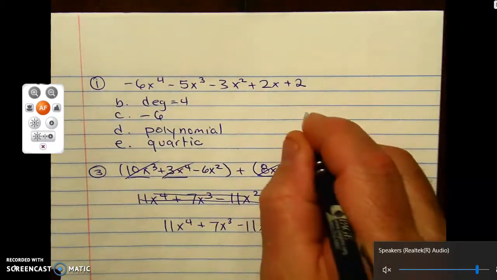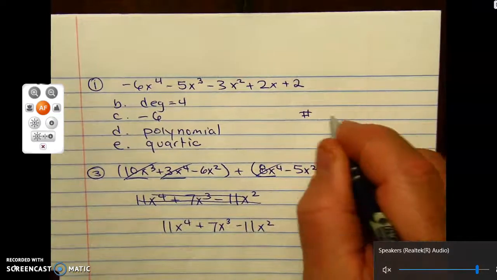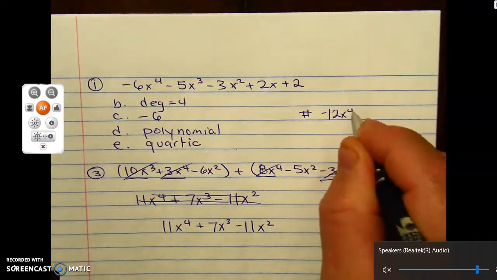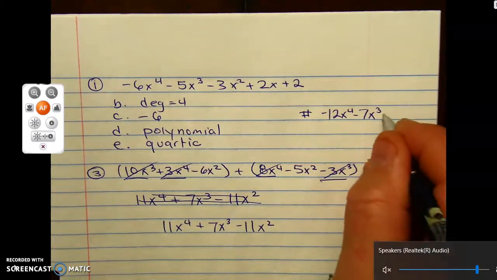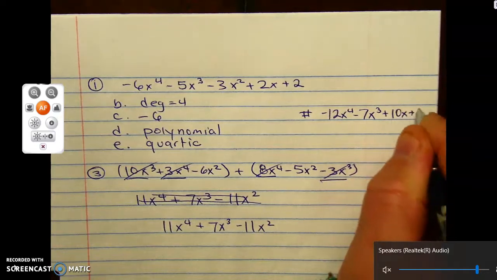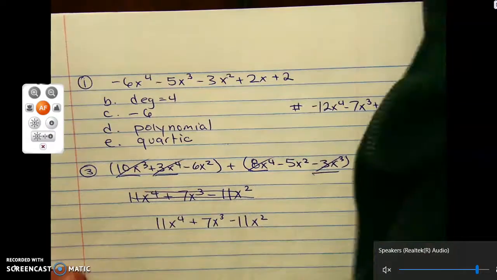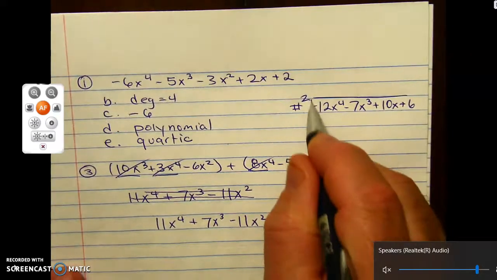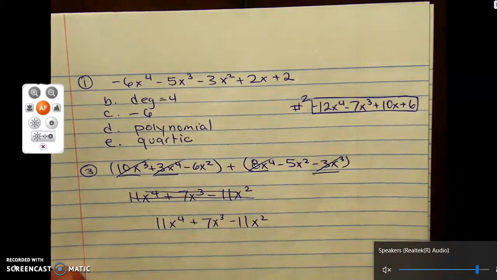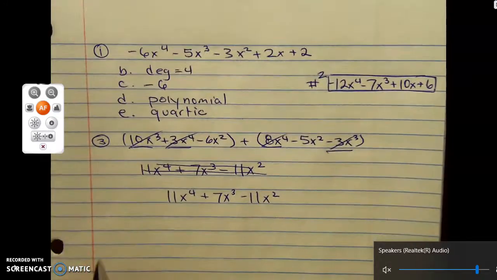The answer to number 2: negative 12x to the 4th minus 7x cubed plus 10x plus 6. Again, that's number 2. The reason I give you that is because you need to see if you're getting that right if you're distributing the negative.